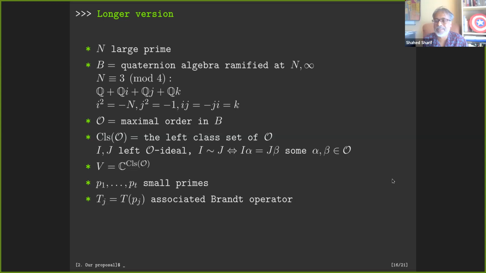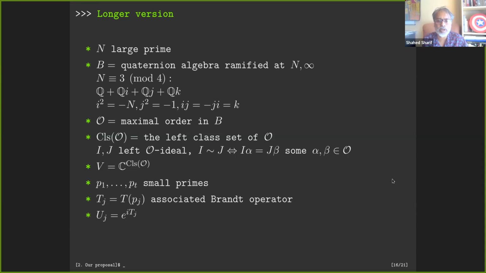And then we have this thing called a Brandt operator. So for each small prime p that we've chosen, the associated Brandt operator takes an ideal class to a formal sum of other ideal classes. And it's essentially ideal classes such that there are representatives which have index p inside the starting ideal class.